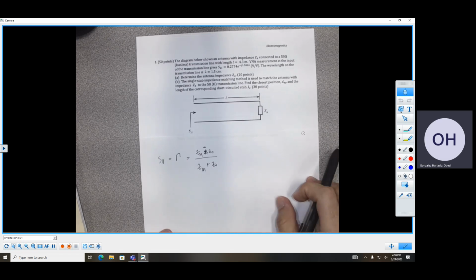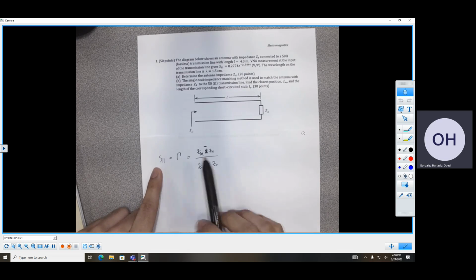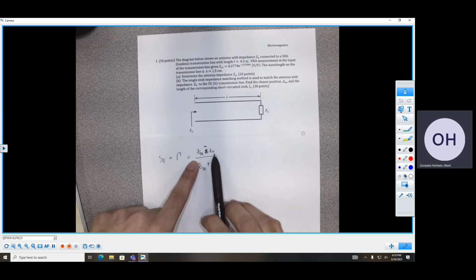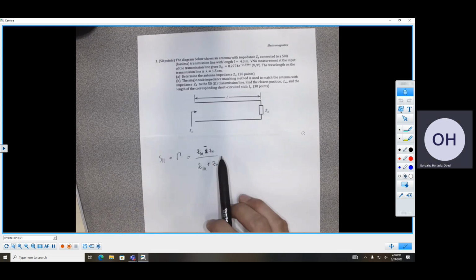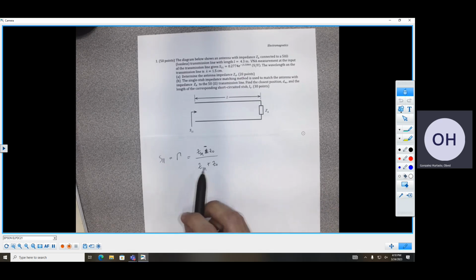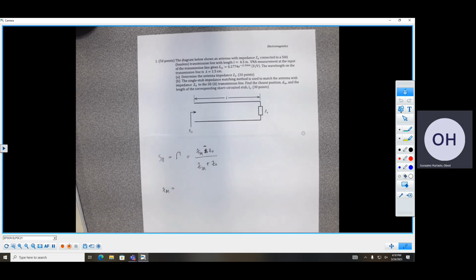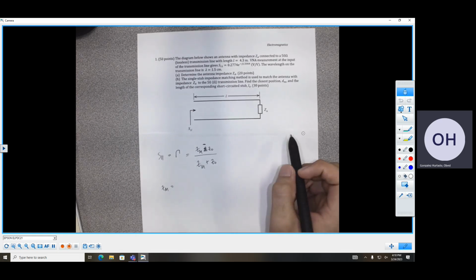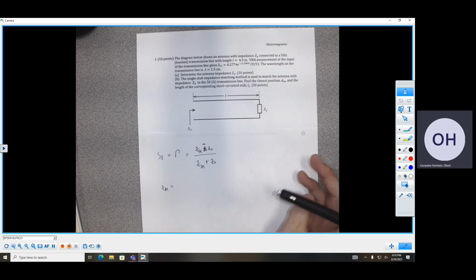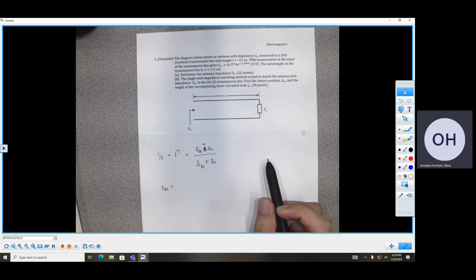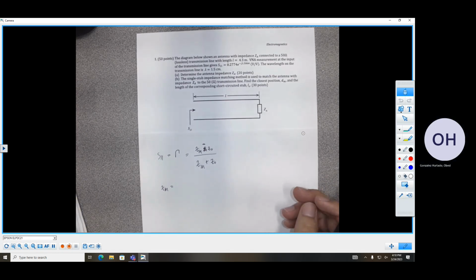And so with this, we know what S11 is. We don't know what Zn is, but we know what Z naught is. So we'll just modify our equation into something for Zn. You can either do it on the calculator, doing solve, or you do it the brute force way.